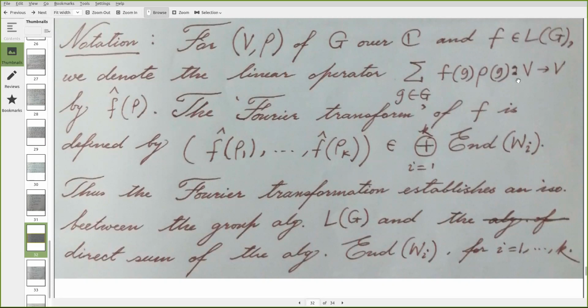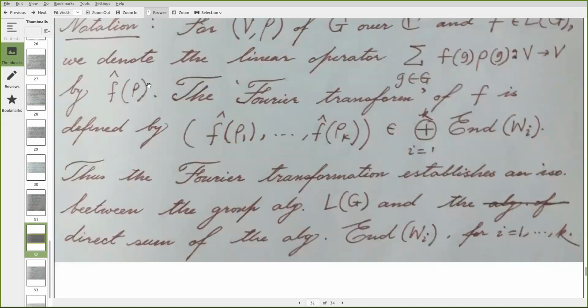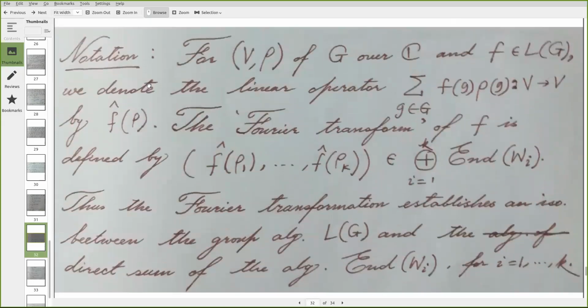Because this is just the notation. So according to the notation, f hat rho is just this. Therefore f hat rho 1 is the same thing when rho is replaced by rho 1, and similarly here. And f goes to this.